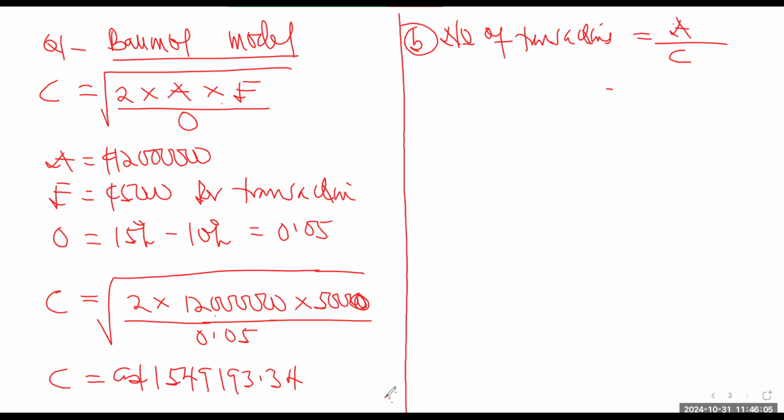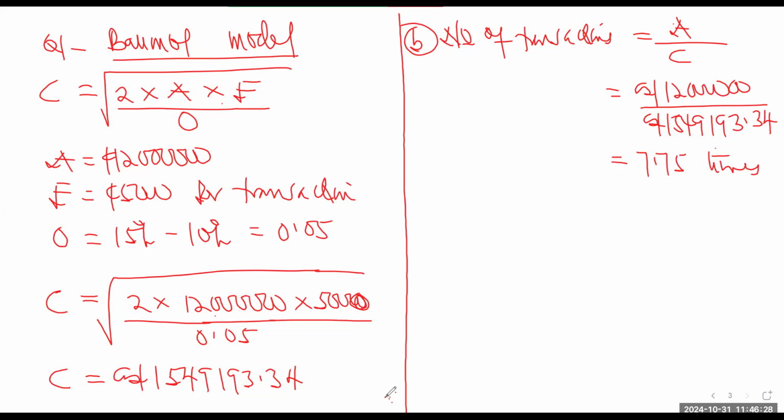So what are we going to be getting here? We'll be getting 7.75. 12 million divided by 1,549,193.34 will give us 7.75.